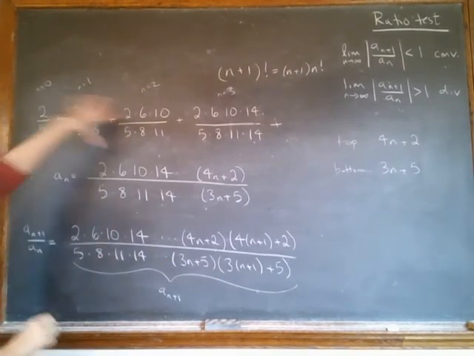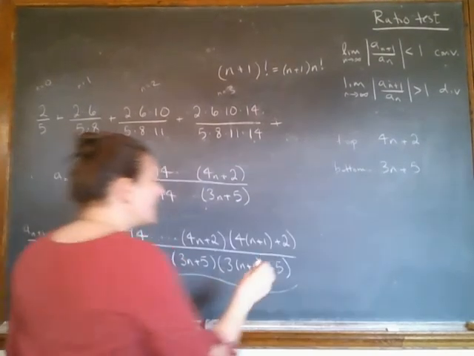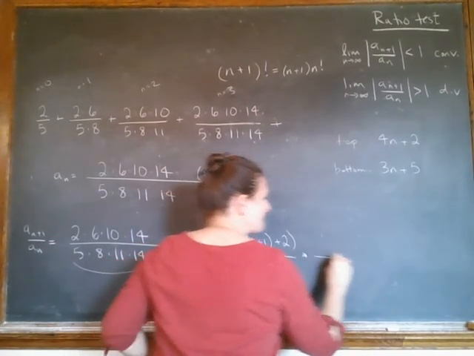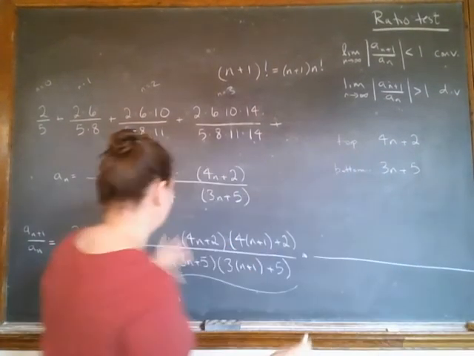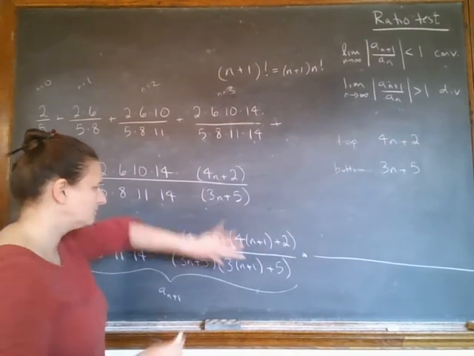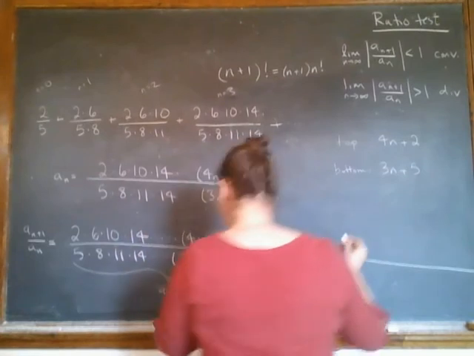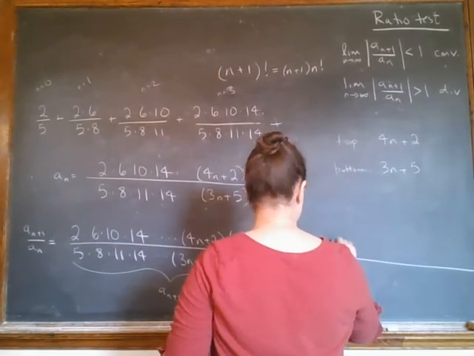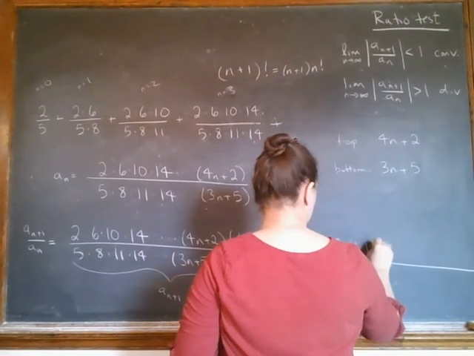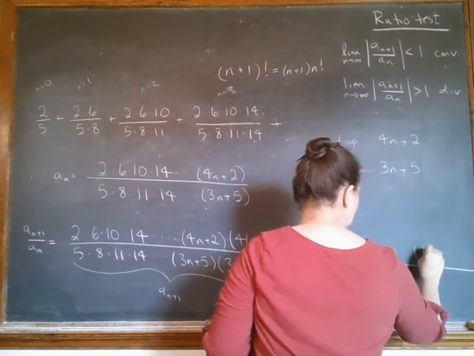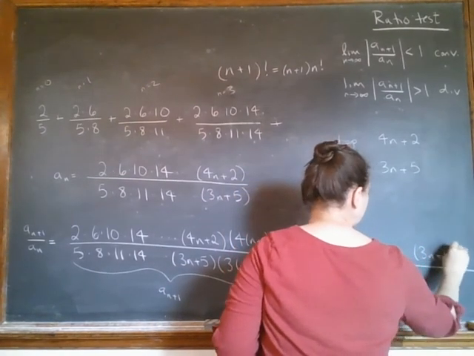I'm going to have to erase and do it up there in a second. And then my a_n term is just all the way up to here. And so I have the reciprocal of that, right? 11, 14, all the way to the 3n plus 5.